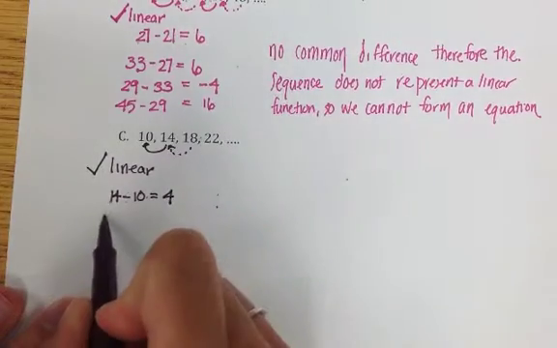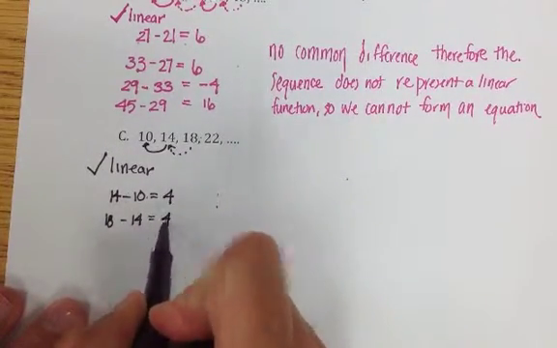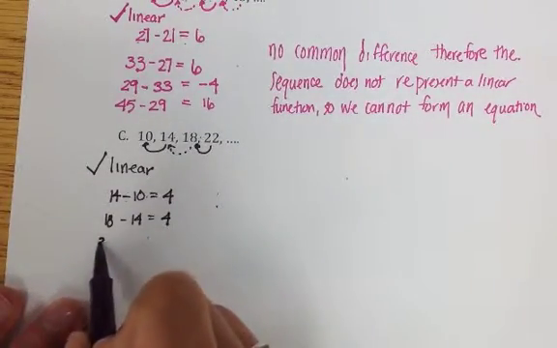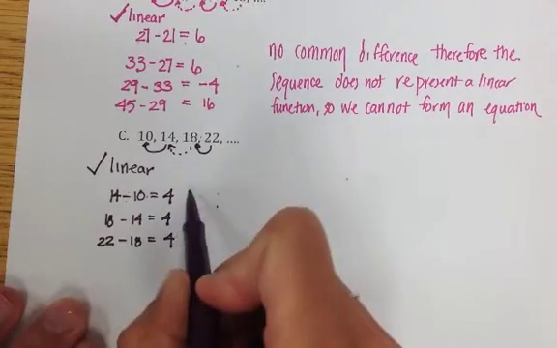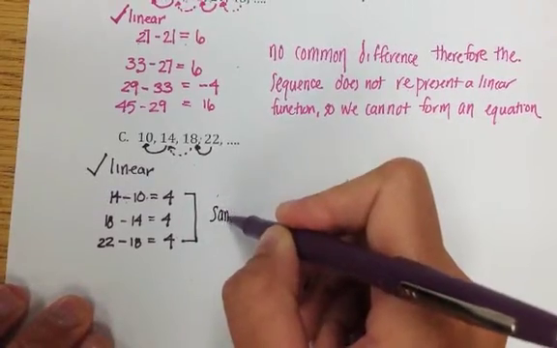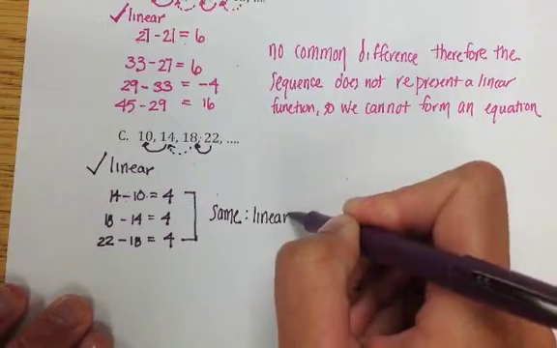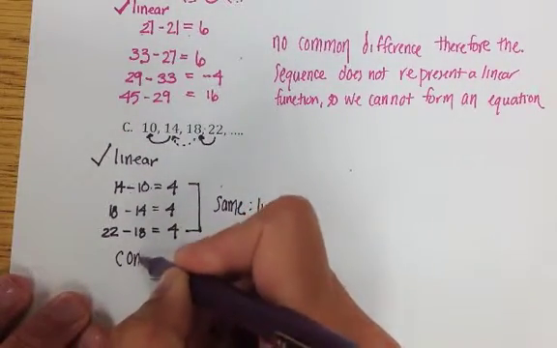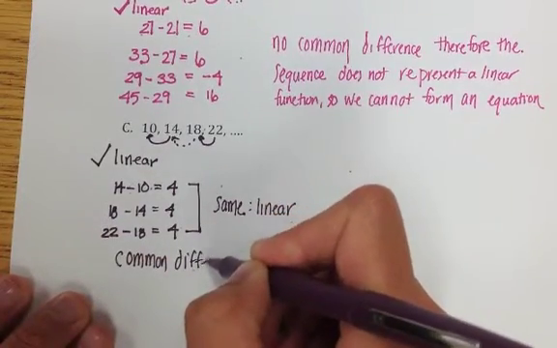We have 18 minus 14, which gives us 4. And last check, 22 minus 18 equals 4. So all of these have the same common difference, so therefore it represents a linear sequence. So we have a linear sequence with the common difference of 4.